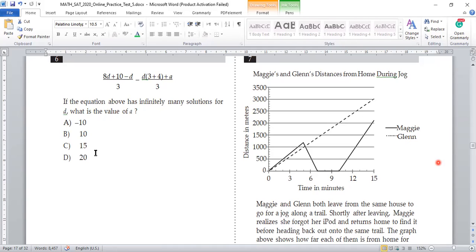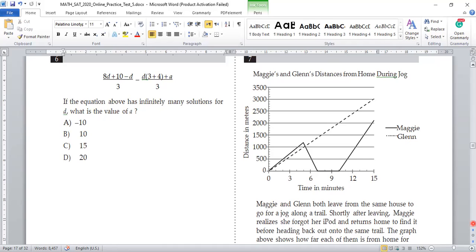Okay, so this is the last question, and then we will see the explanations, the answer. Please look at this and read. Maggie and Glenn's distances from home during a jog.